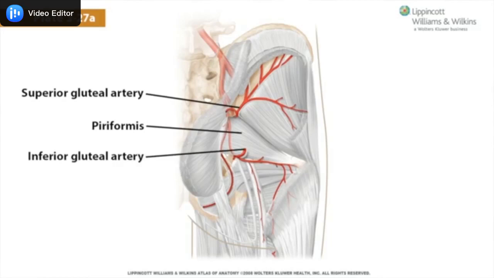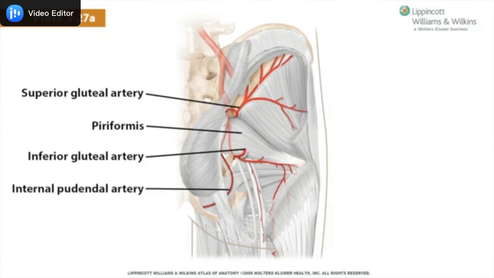The inferior gluteal artery also dives between roots of the sacral plexus, often S2 and S3, passes the inferior edge of the piriformis, and exits the greater sciatic foramen to reach the gluteal region. The superior and inferior gluteal arteries supply muscles of the gluteal region.